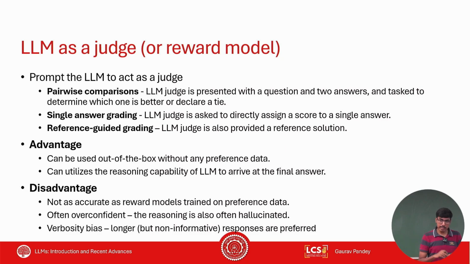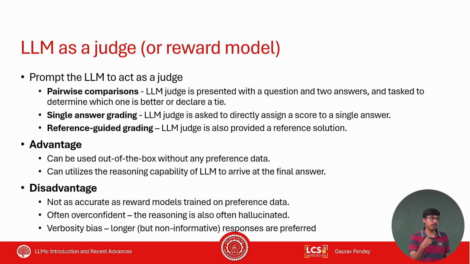If you don't ask it to give reasoning, the model's performance is not as good. But if you ask it to give the reasoning first and then pick, the reasoning helps the model decide which response is better.